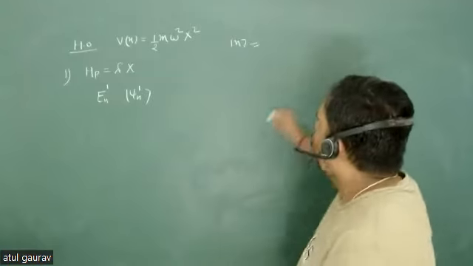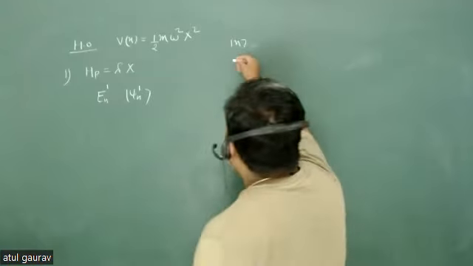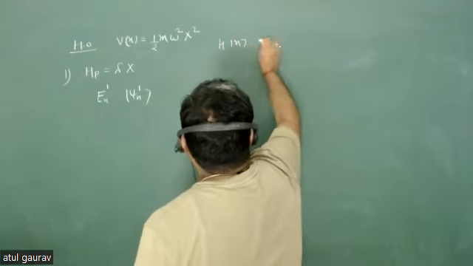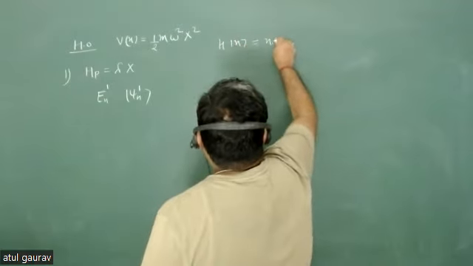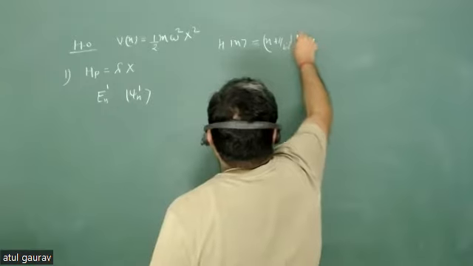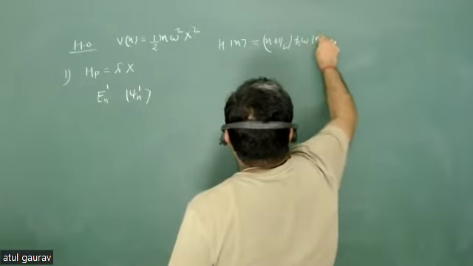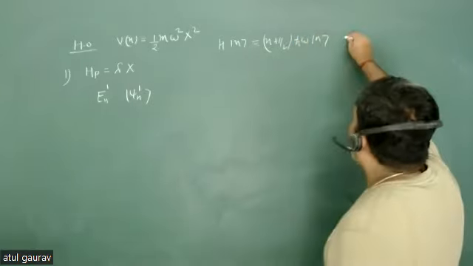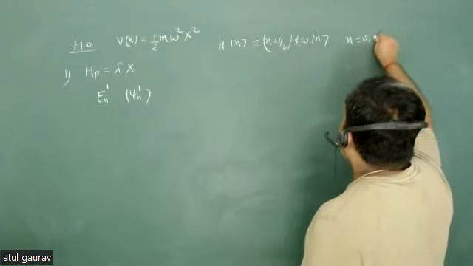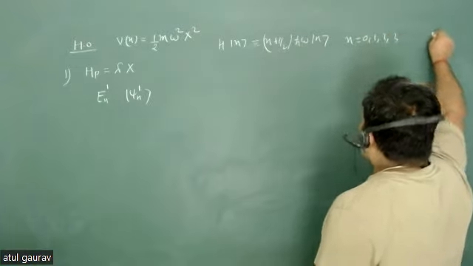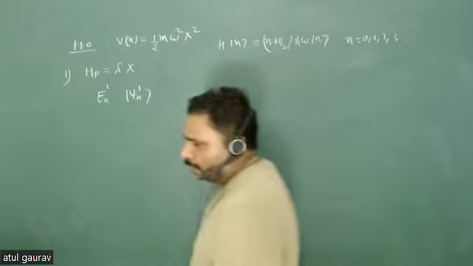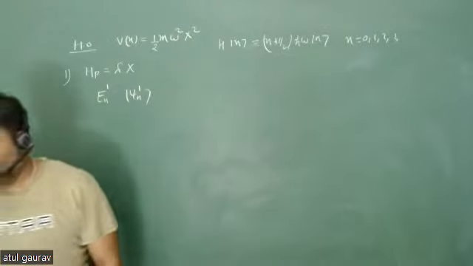Yes, you remember what is your x? So we have H|n> is equal to (n plus half) h cut omega |n>, and the value of n is equal to 0, 1, 2, 3, and so on. This is our value of n.